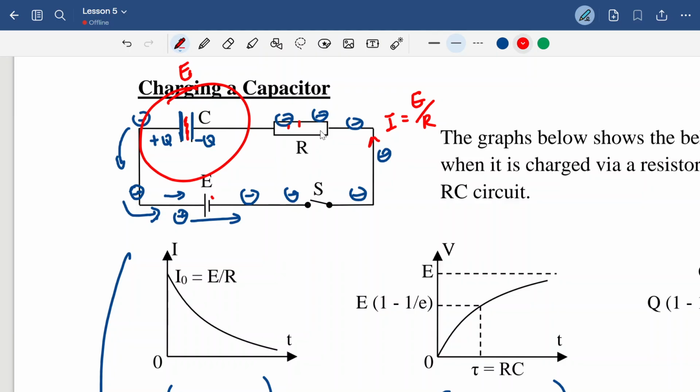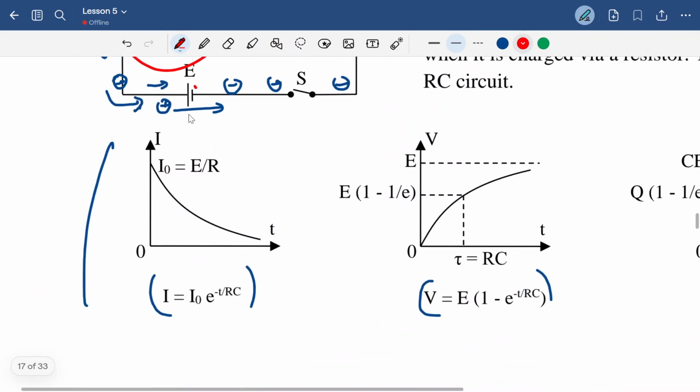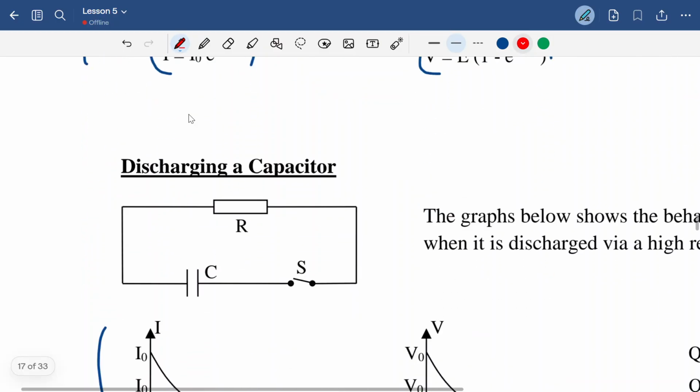The resistor slows down the rate of flow of charges. Higher resistance, smaller current. So if the rate of flow of charge is slower, it takes time to charge. That's why you get all this here. Okay, calculations-wise, I never saw it before, so I don't think it will come up. Just know that it takes time to charge when there's a resistor, and it takes time to discharge when there's a resistor.